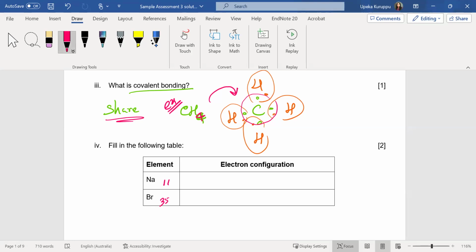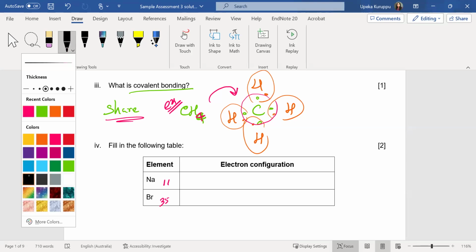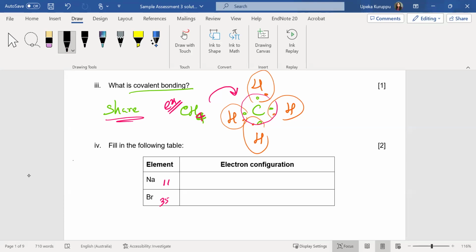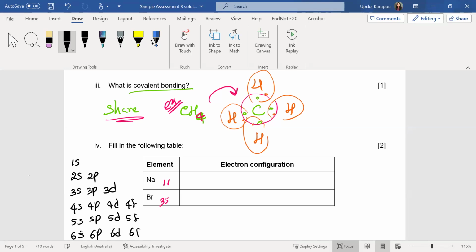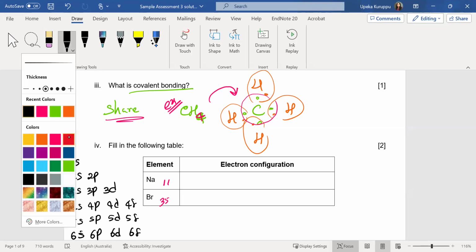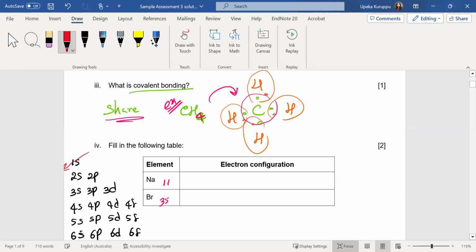So how do we write the electron configuration for this one? I'll give you a few minutes to do this. It's going like this, am I right? 1s, how many electrons can it keep? s can keep 2.